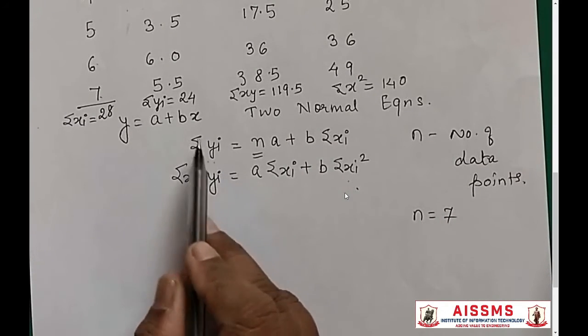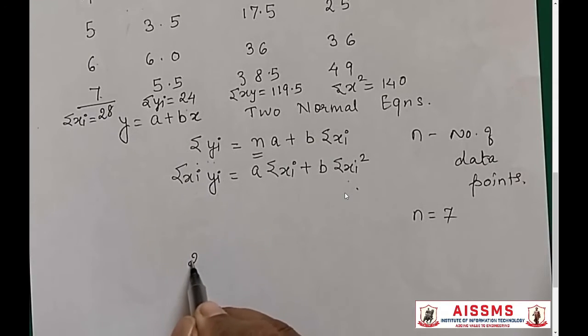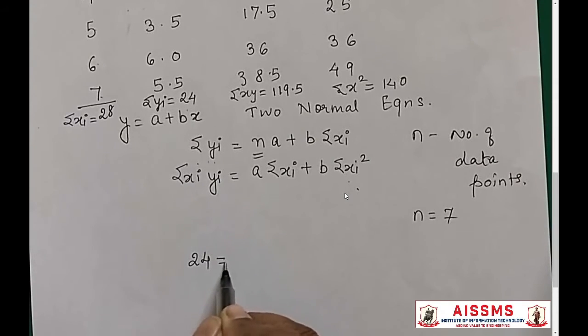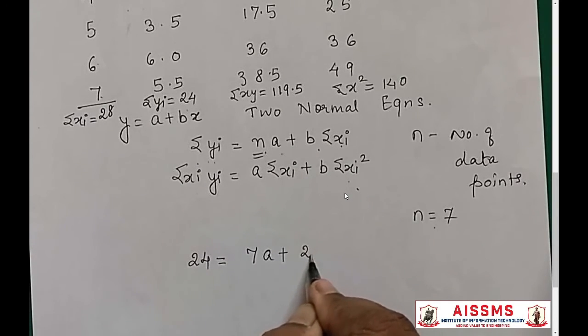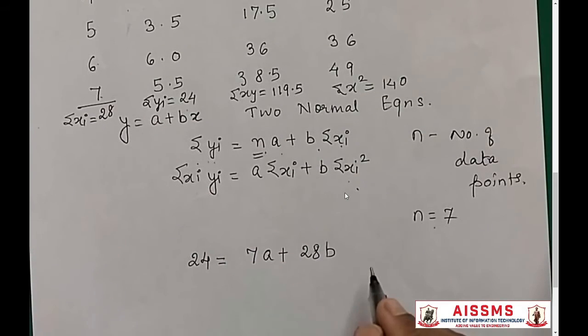Then we form the equation. Summation of yi, 24, is equal to na, that means 7a, plus b into summation of xi, which is 28b. This is your first equation.